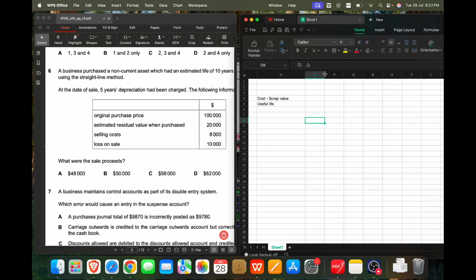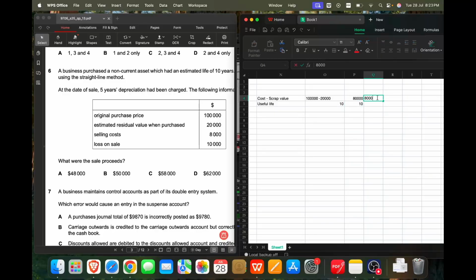So the cost of this asset is given, 100,000, minus scrap value, which is the estimated residual value of 20,000, and useful life is 10. So this is 80,000 divided by 10, that would be 8,000.